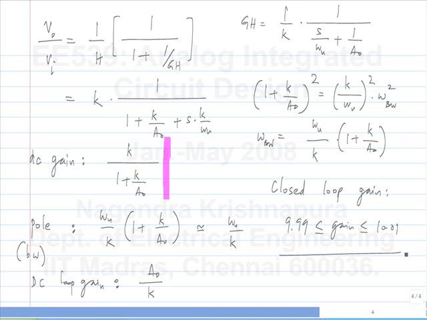100, 10,000, 1,000. What's the answer? What is the answer? 100. Why 100? So, I mean, I just substitute here, right? So, 10, the error because of loop gain is 10 by 1 plus k by a naught. And this should be more than this much, right?